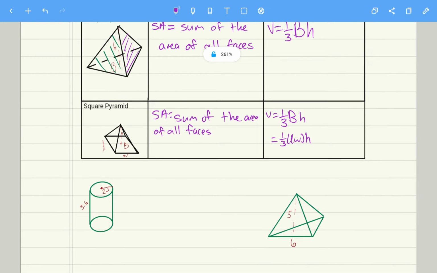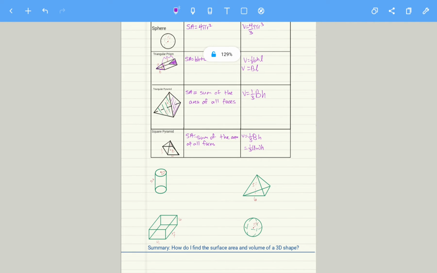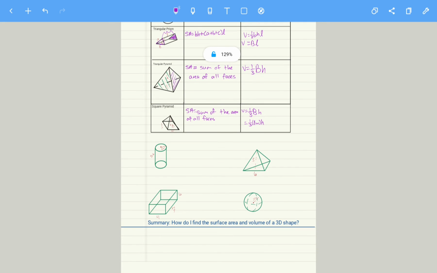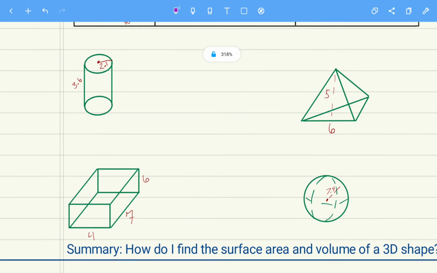Okay. And those are all our formulas. Now let's look at a few examples.